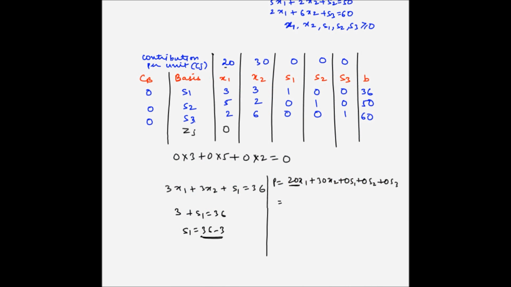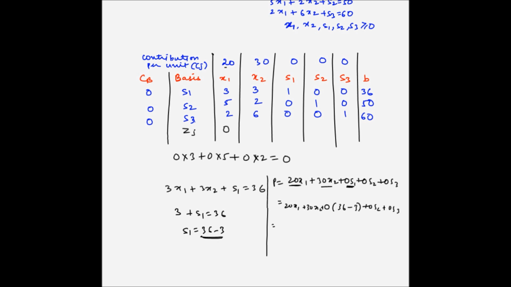So here what we are concerned with is the profit lost. So we'll ignore these two. Now our S1 is becoming 0 multiplied by 36 minus 3. And then we have the regular 0 S2 plus 0 times S3 and so on.